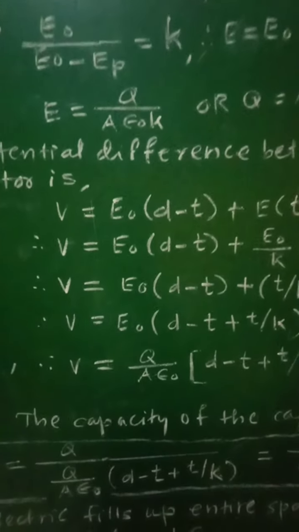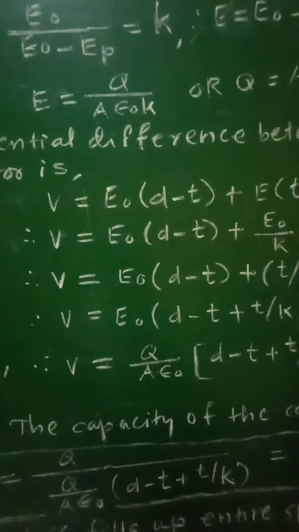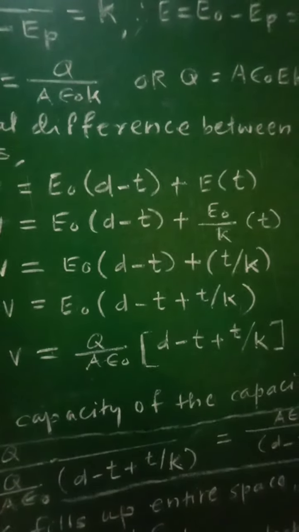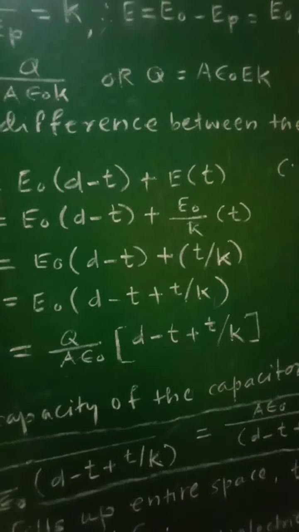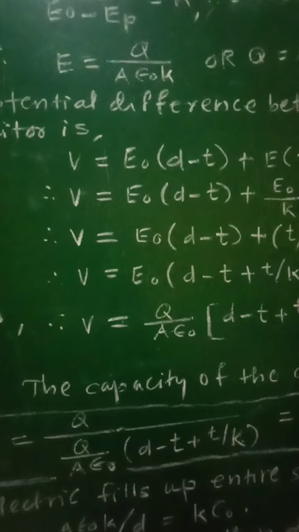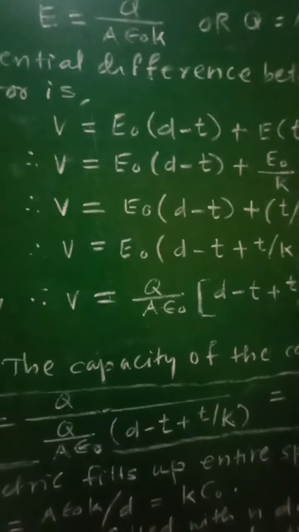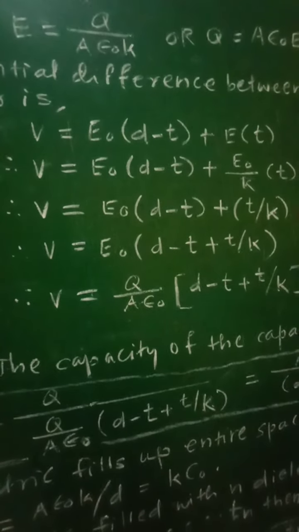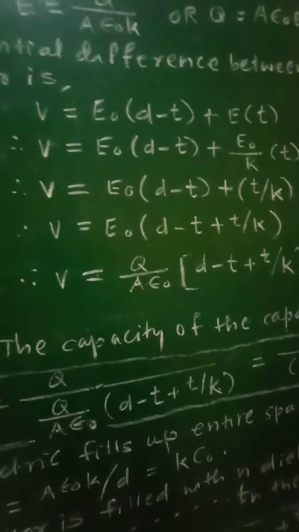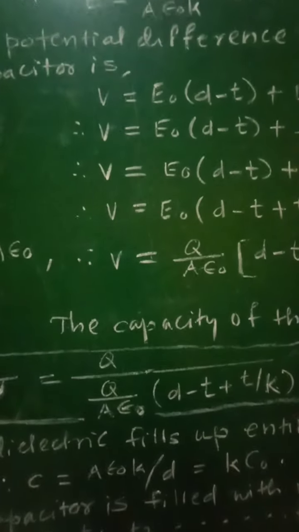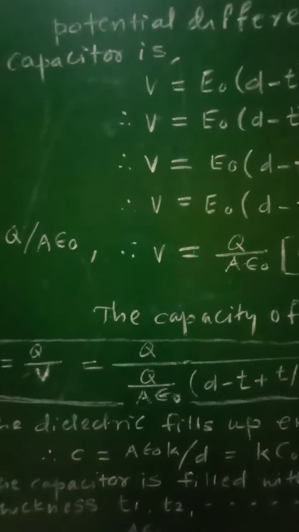Taking E0 common, we will get phi equals E0 into d minus t plus t by k. So this will be the electric potential between the two plates.